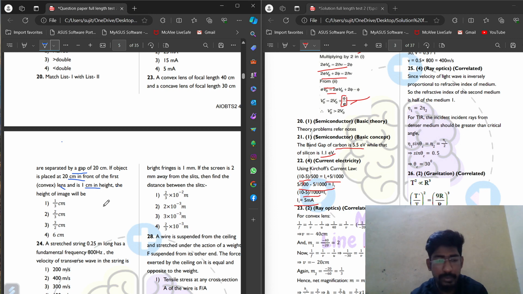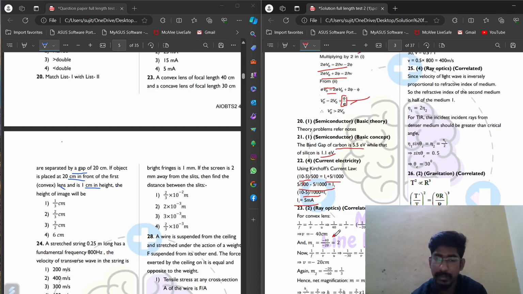So in case of the convex lens, according to the sign convention, u is negative and v is positive, and f is positive.